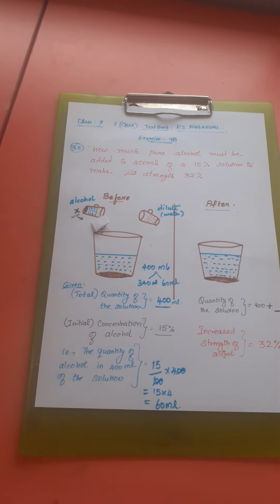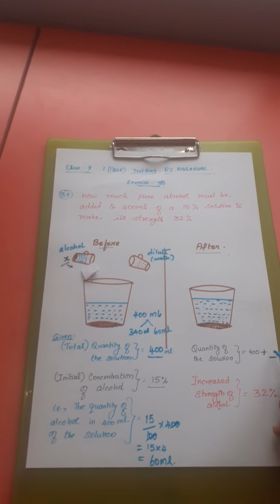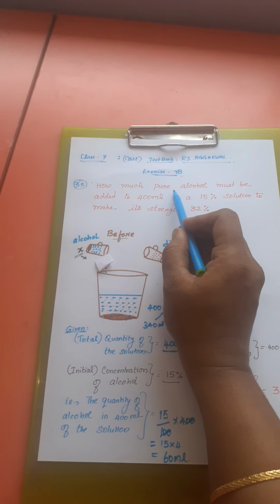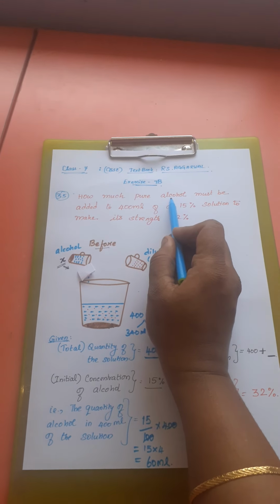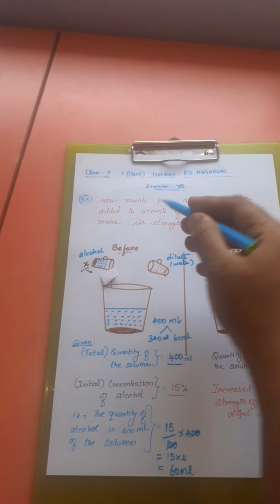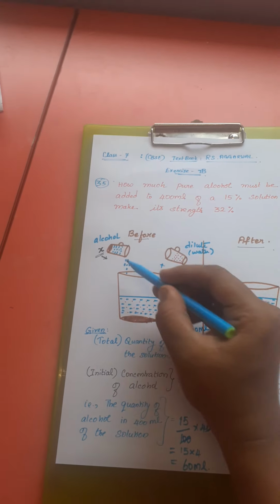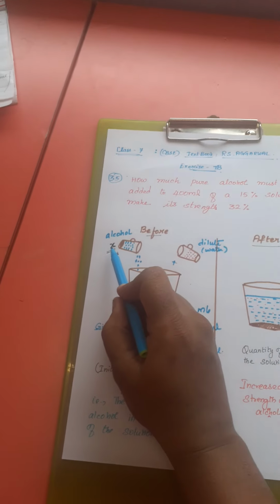Now we are going to increase the strength of alcohol. What they are asking is how much pure alcohol we have to pour into that solution. Only alcohol we need to pour, not the water, right? Let that be x.